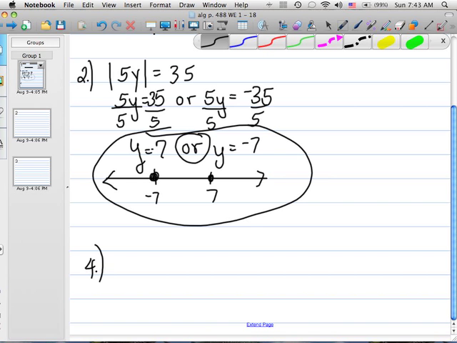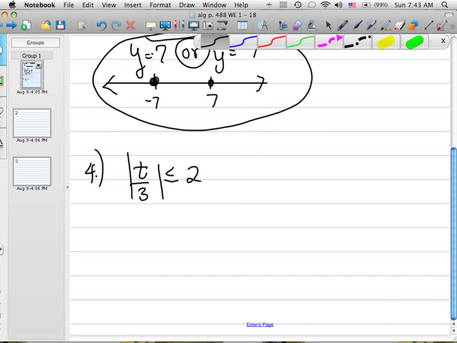Problem number 4, we have the absolute value of t over 3 is less than or equal to 2. It's a less than, so it's a between problem. We're going to put t over 3 between 2 and negative 2. To solve for t, we're going to multiply everything by 3.